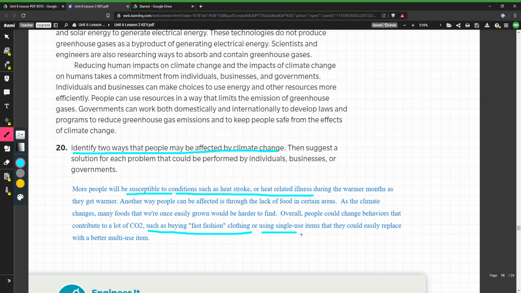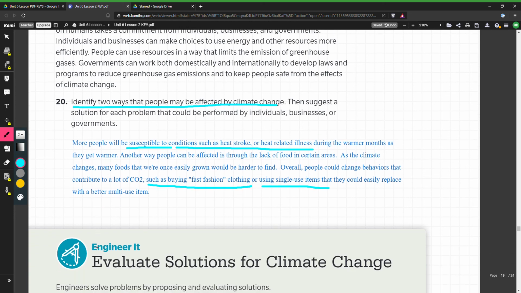Or using single-use items like straws, cups, plastic water bottles. Why buy a package of 100 plastic water bottles that you're going to throw away when you could just buy a single, reusable bottle? So things like that.